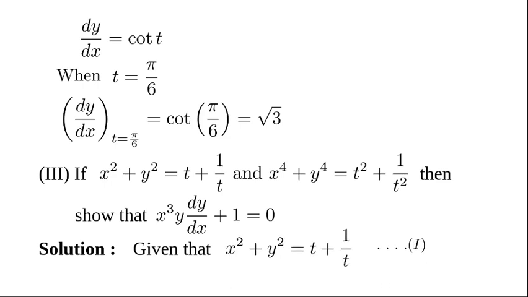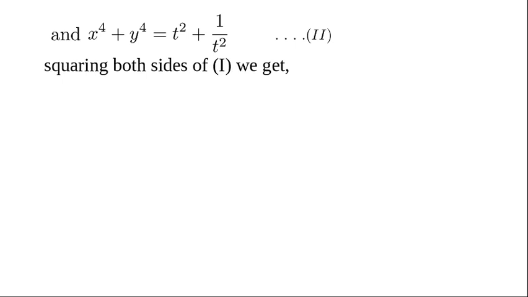So x square plus y square equal to t plus 1 upon t, and x raised to 4 plus y raised to 4 equal to t square plus 1 upon t square. So what we are trying to do is eliminate t from these two equations. Squaring both sides of 1, we get x square plus y square whole square equal to t plus 1 upon t whole square.